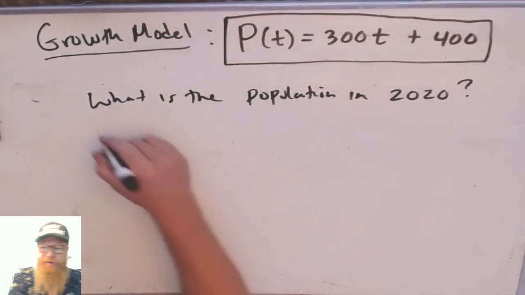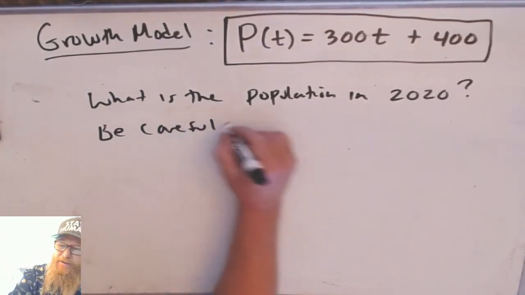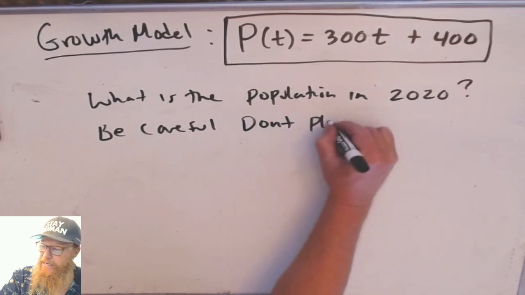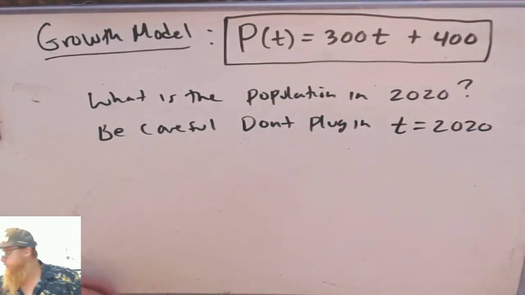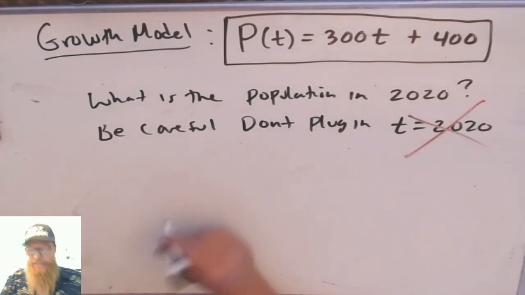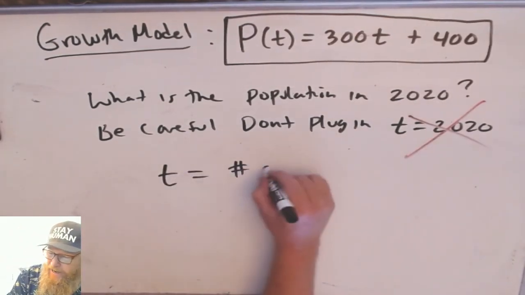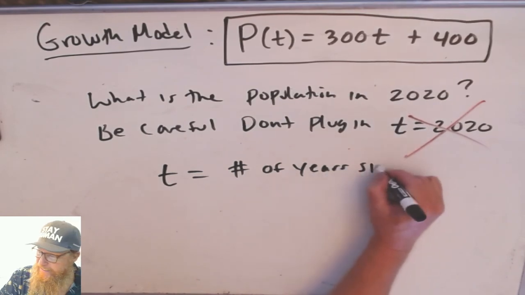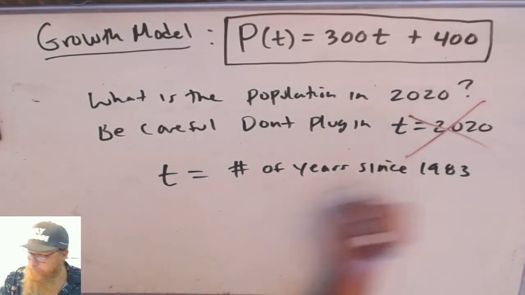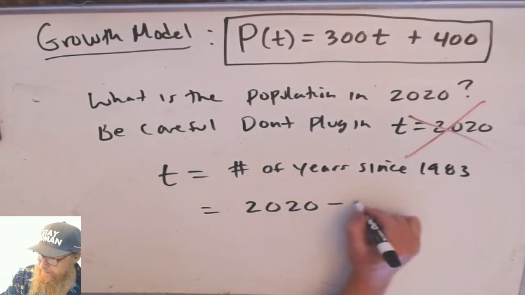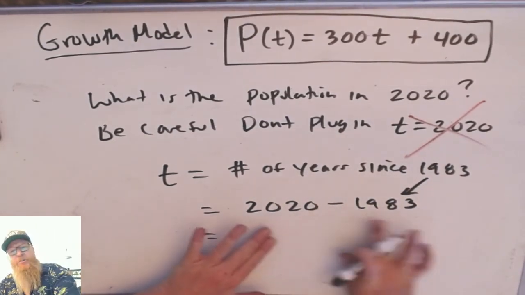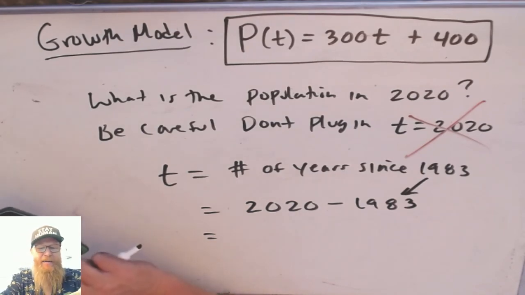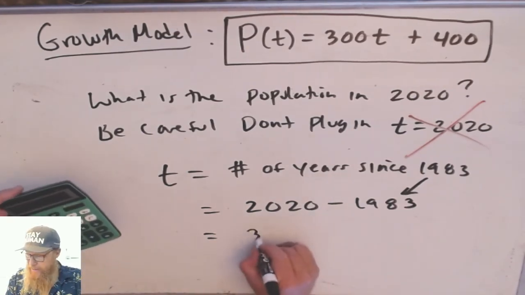Now be careful. Don't plug in t equals 2020. Don't do that. Instead, t is the number of years since 1983. So you have to first subtract 1983, 37.